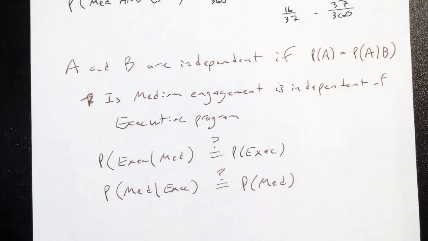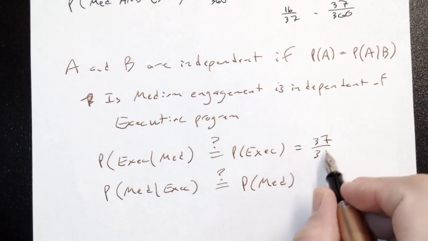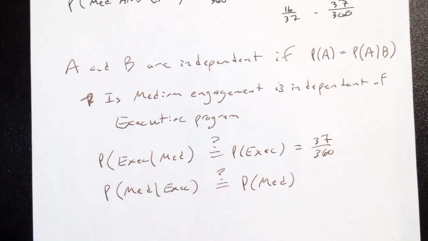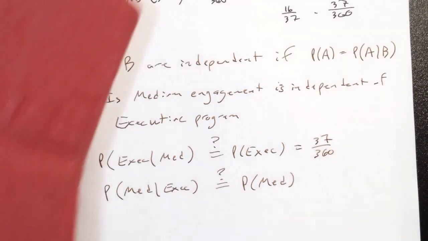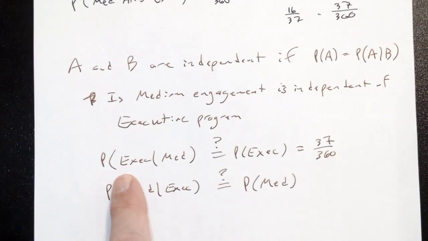Okay, so I know that this number is 37 out of 360. How do I find this number? I go back to my table. This is the probability of being in the executive MBA program, given that you are a student of medium engagement.